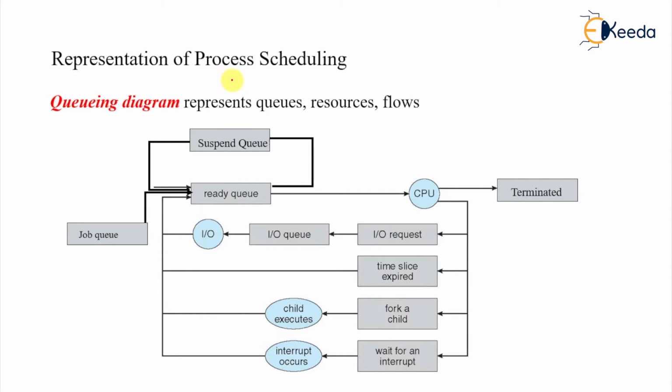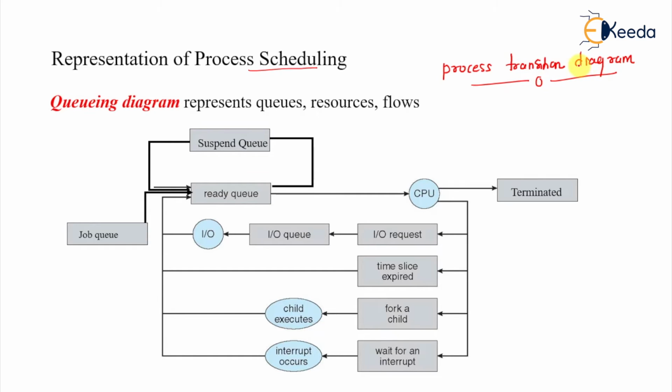This is the representation of process scheduling, showing what exactly happens, and again it gives you an idea of the same thing, called the process transition diagram. This term keeps coming again and again. What we are talking about is just the extension, or implementation, of this process transition diagram.